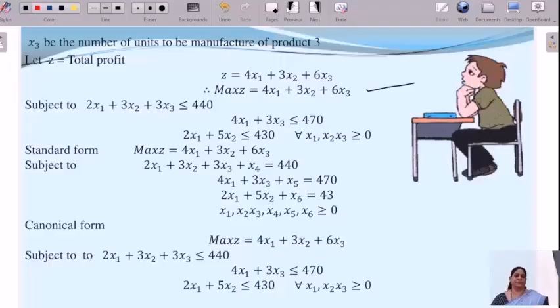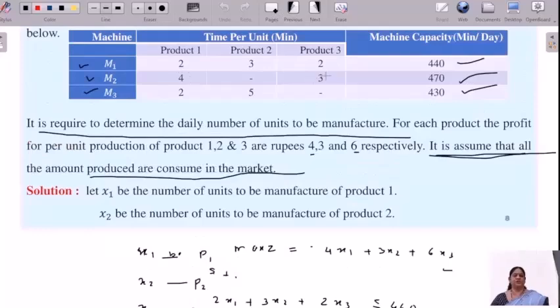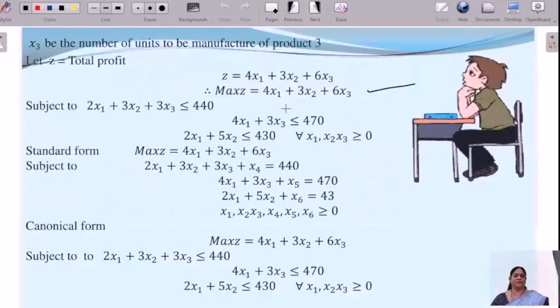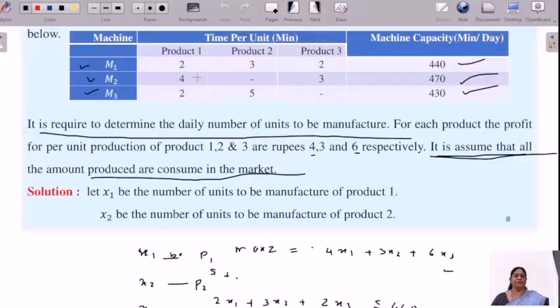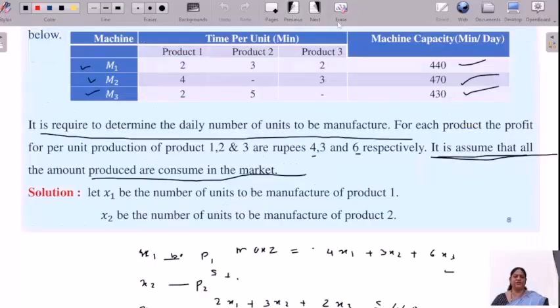Next, 4 and 3 for the x1 variable and x3 variable, therefore it becomes 4x1 plus 3x3, and the machine daily capacity is 470, therefore it is 4x1 plus 3x3 less than or equal to 470.